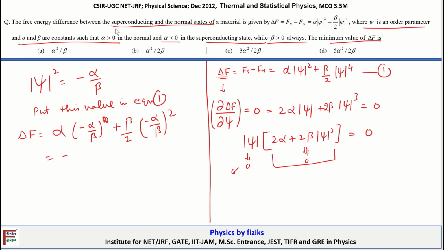So this is equal to minus alpha square upon beta, plus alpha square upon 2 beta. In principle you can say that this is equal to minus alpha square upon 2 beta. So therefore option B is the correct one here.